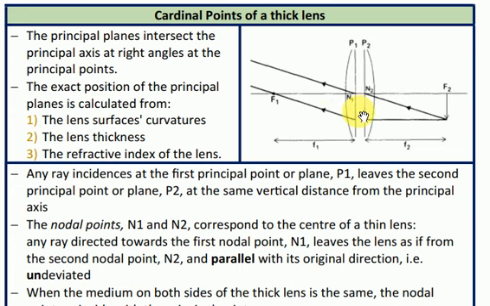In a thick lens, this approach is invalidated by the greater separation of the two refracting surfaces by lens substance. The lens substance separates these refracting surfaces.